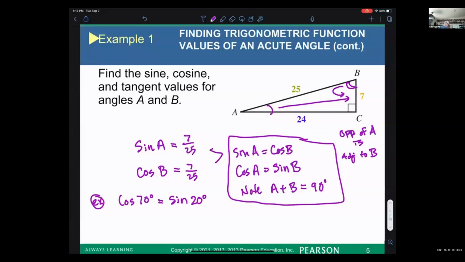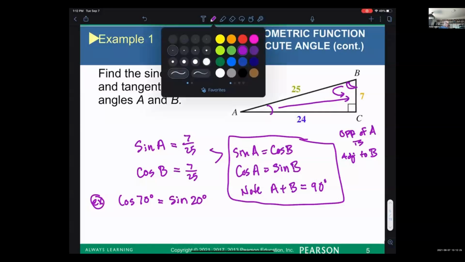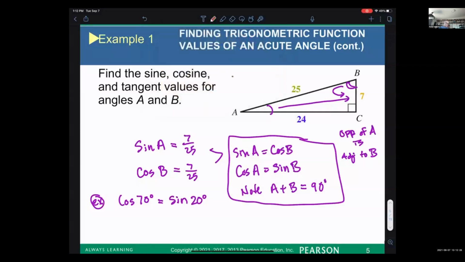If I'm in angle A, then tangent, let's change colors here. I was trying to figure out the tan of angle A. Well, that would be opposite divided by adjacent. But if I went over to cotangent of angle B, now that's adjacent over opposite, but the opposite of B is the adjacent of A, and vice versa.